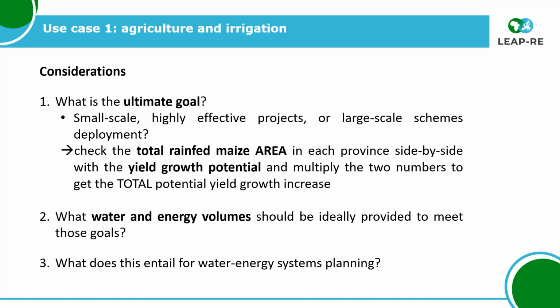So it's very interesting to check, for instance, the area side by side with the yield growth potential, and also try to get a sense of what could be the total yield growth in each region, besides the yield per hectare, to get a sense also of the overall total size of production growth that might be achieved with irrigation, as well as what water and energy volumes are required to meet specific goals, and therefore what this implies in terms of resource management and infrastructure investment.